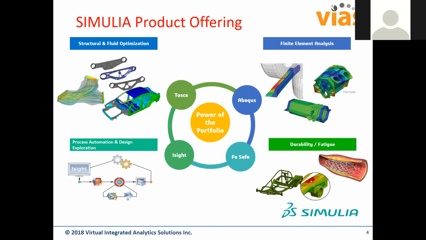Isight brings process integration and design optimization capabilities. Some of you might be familiar with Minitab and JMP. Isight provides the same solutions, but it is an integrated software into all the engineering simulators that we use, including Abaqus and SolidWorks. So it is unique in that it caters to the engineering market. And Tosca enables users to do structural and fluid flow optimizations.